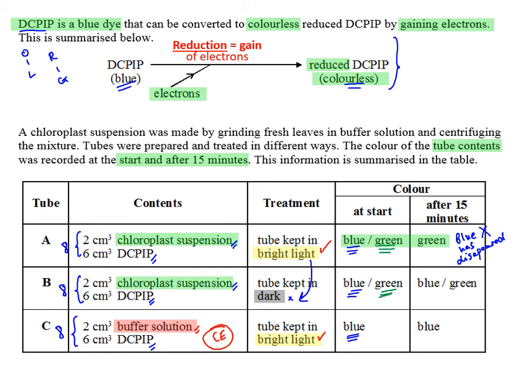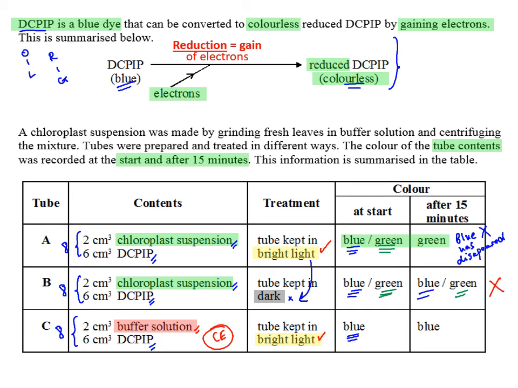Now in tube B, we can see the colours after 15 minutes remain the same. So the blue colour has not disappeared. So we know straight away that in tube B, the DCPIP has not been reduced.